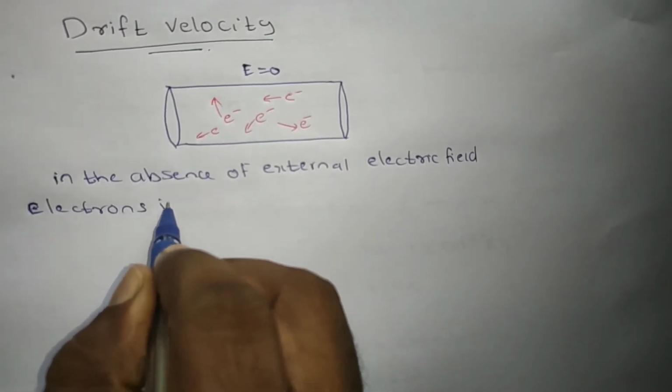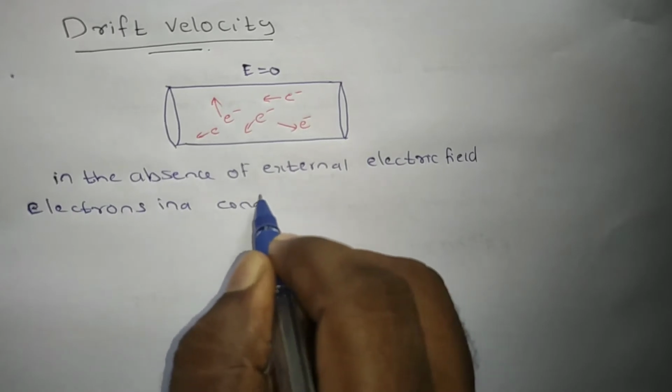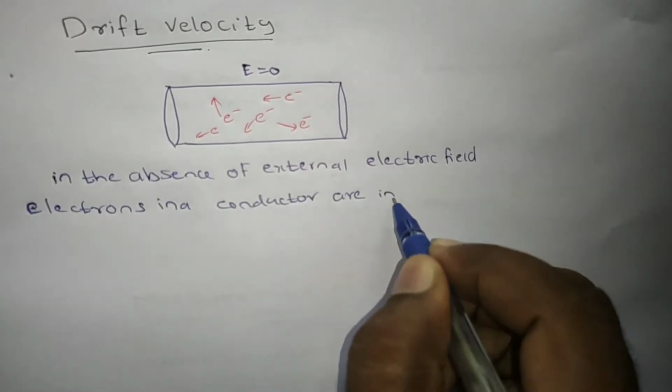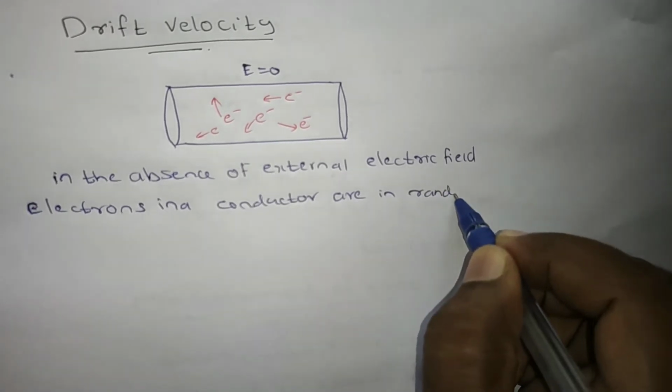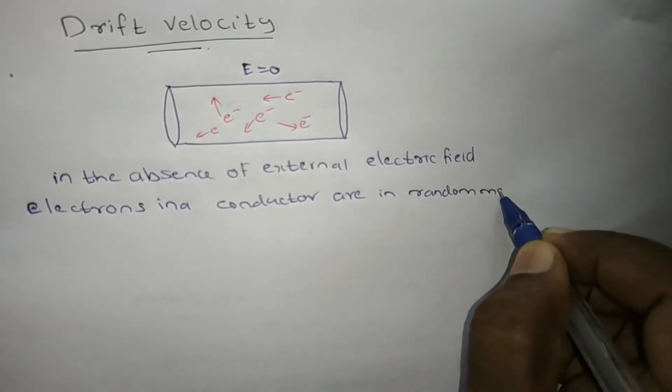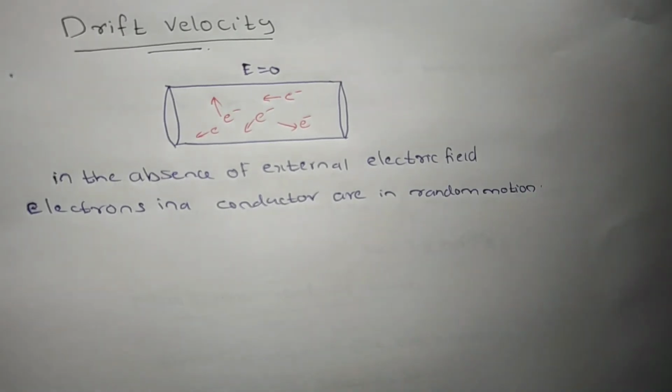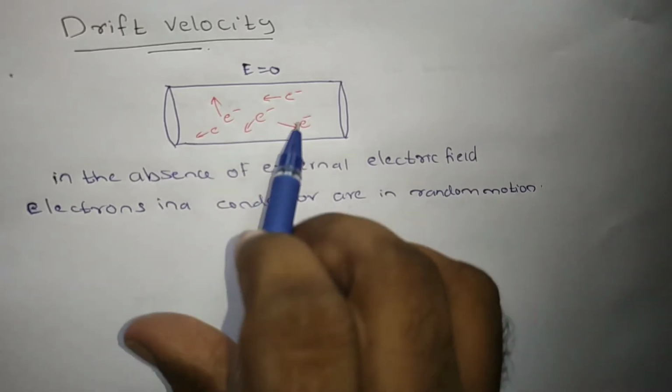I am going to find out the average velocity of all the electrons in this conductor.